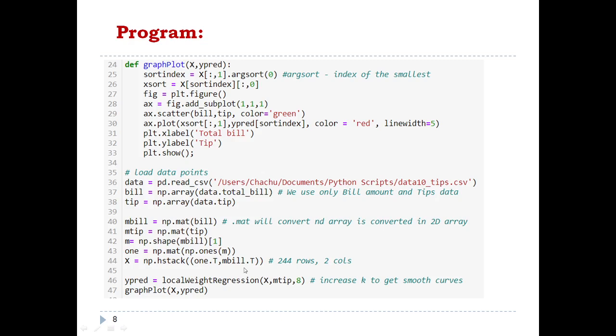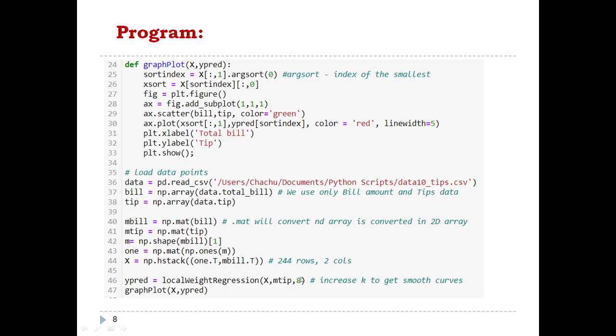So here we will take the bill details and convert them into a horizontally stacked single array. Then we will call the local weight regression function for this single array of bill data. With the tips amount data, we will be selecting the nearest local data points as 8.